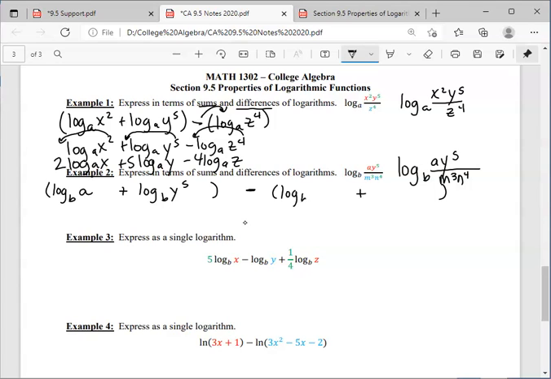The log base b of m to the third, and then the log base b of n to the fourth. Since we're multiplying those, we would add them. Okay. There, everybody good with that? There is nothing in front of this parentheses here for me to distribute, so I can just remove that parentheses.